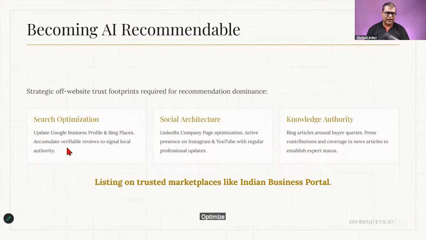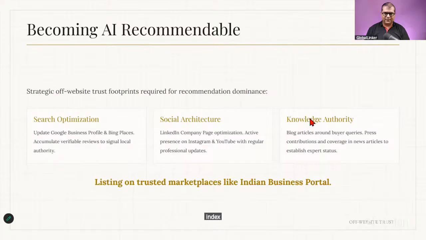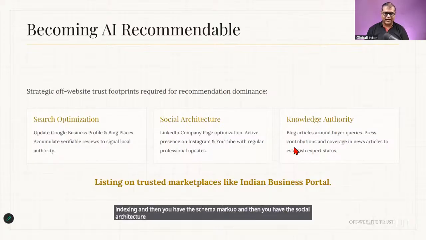So this is where, for Arvind, search optimization is where we are looking into the indexing, and then you have the schema markup, and then you have the social architecture, which I've already recommended, and then you have the knowledge authority. That is where Arvind is going to become AI recommendable.